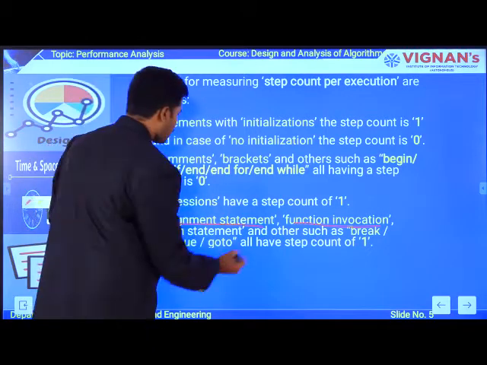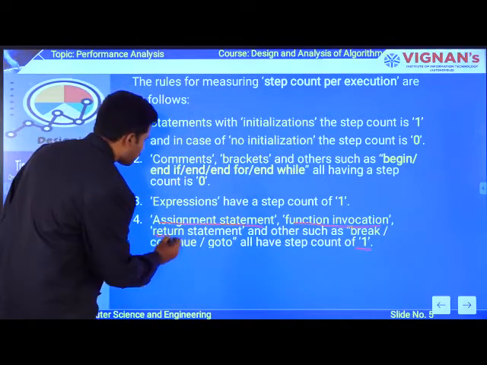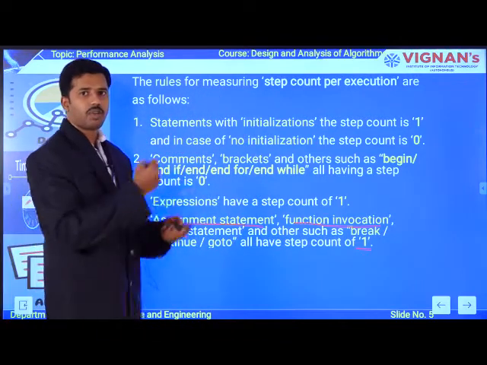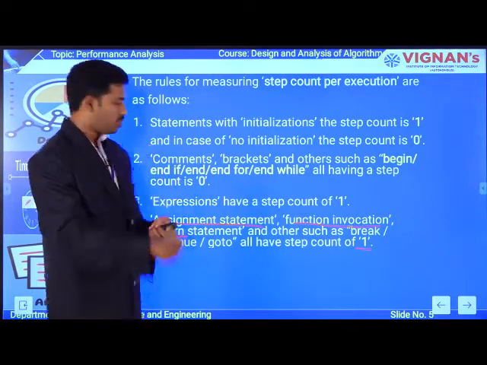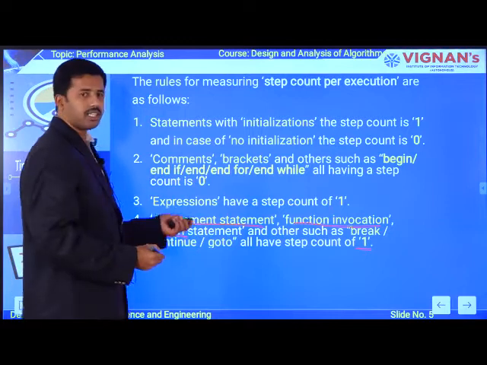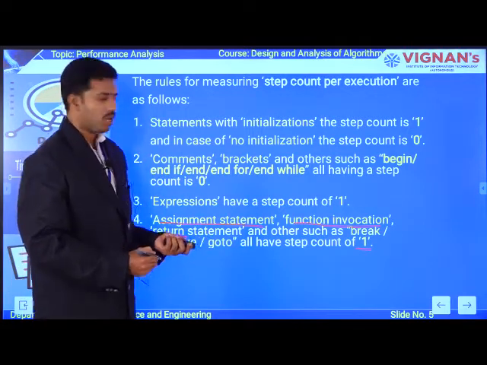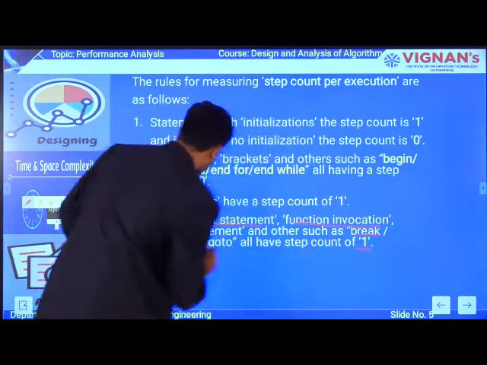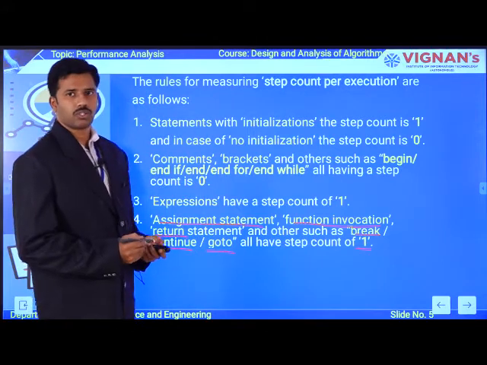For that function invocation, the value becomes 1. As for the return statement, after a particular number of function invocations, the results must be returned to the calling function. For return statements, which return the results after performing a particular task, the value becomes 0. And for keywords like break, continue, and goto, the value also becomes 0.